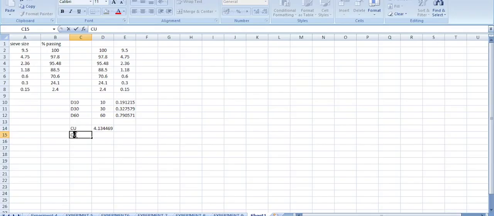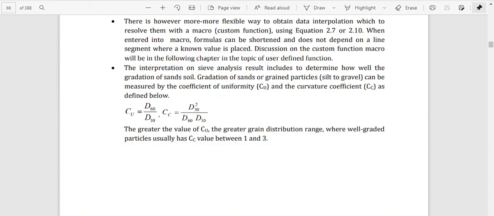CC, the value of CC is D30 squared all over D60 D10.